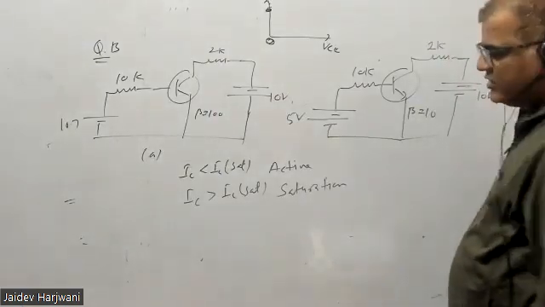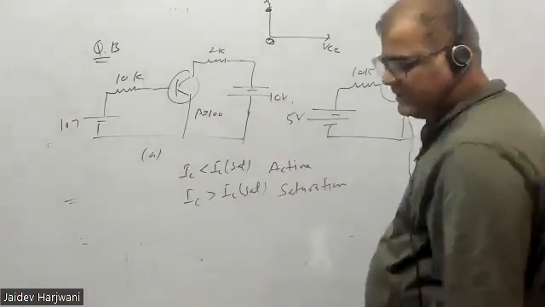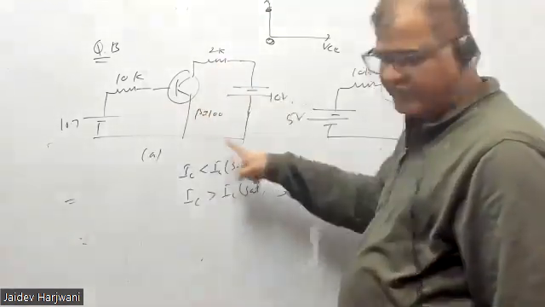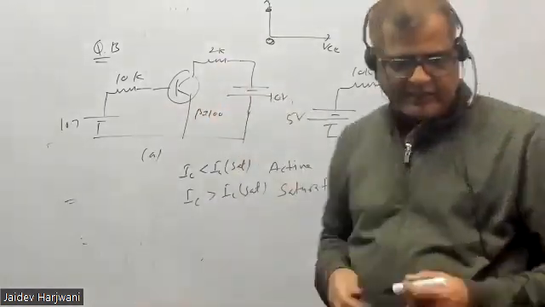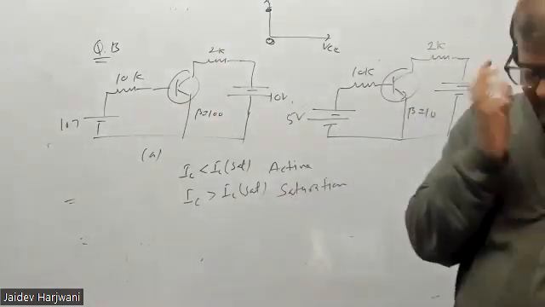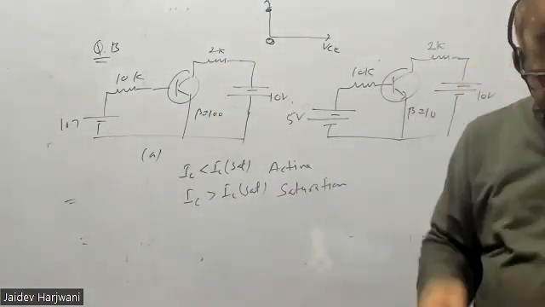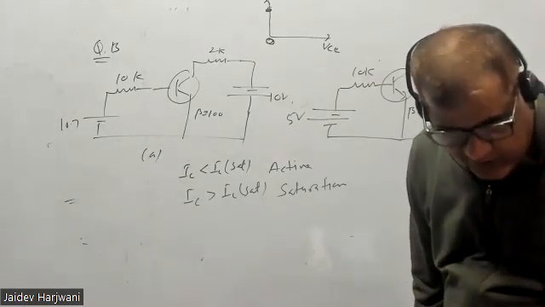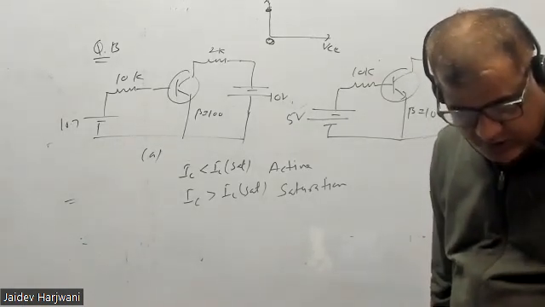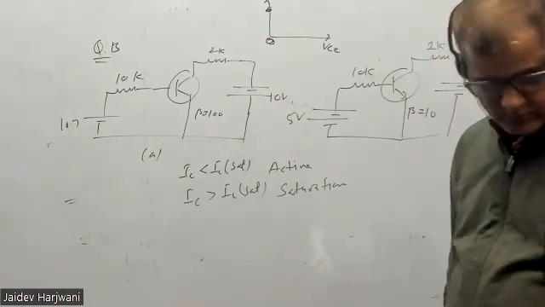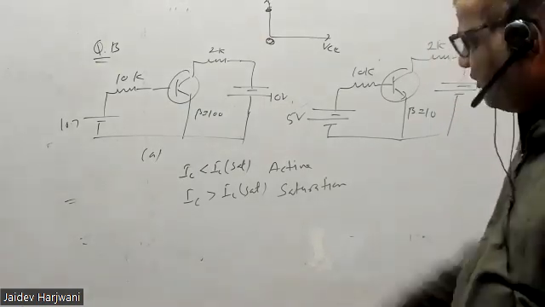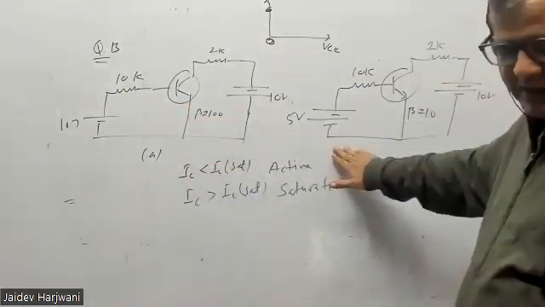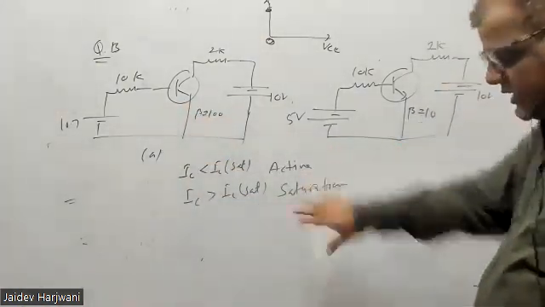To calculate IC, you calculate IB and multiply with beta, and directly calculate IC saturation from this curve, and compare and tell me कौन सा एक्टिव में है, कौन सा सैचुरेशन में है. First find IB, IC saturation. Same here, IB, then IC saturation. Compare IC.